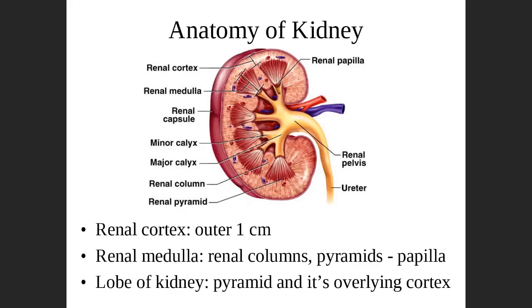Okay, here is the drawing of the kidney. I want you to note that this region here, all of this, is known as the renal cortex. And the region here is known as the renal medulla.